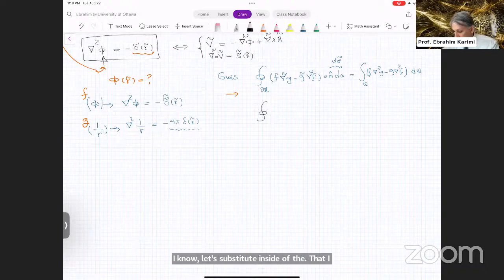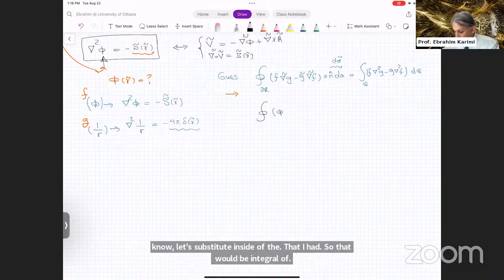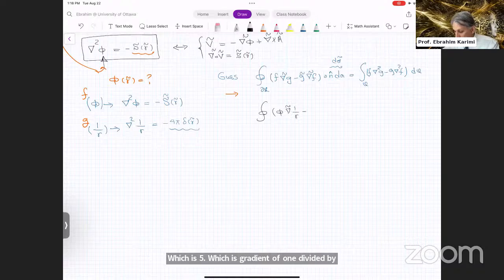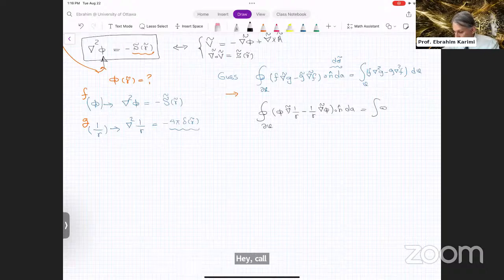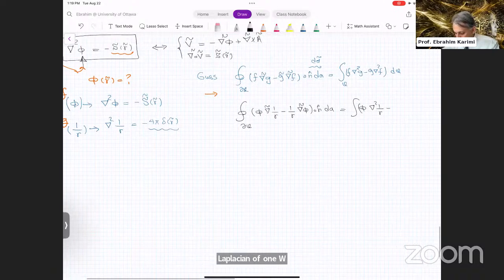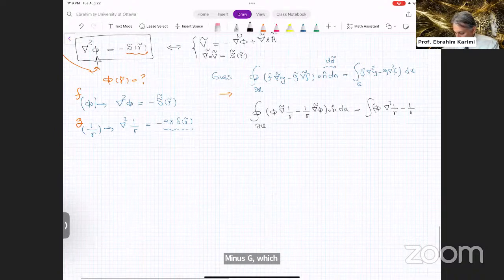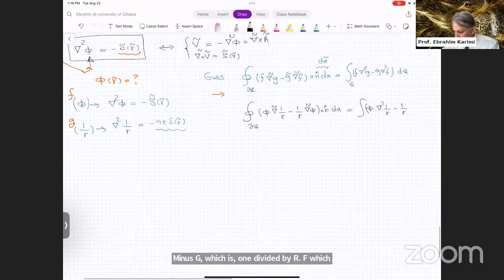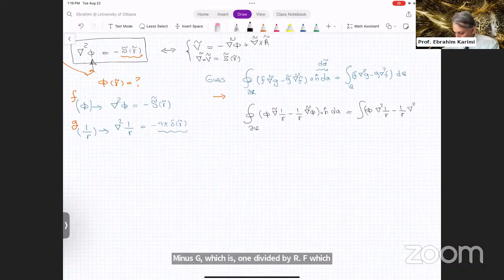So that will be integral of f, which is phi, g, which is gradient of 1 divided by r, minus g, which is 1 divided by r, gradient of f, which is gradient of phi, dot n dA, that is on a surface, equal to integral of f, which is phi, Laplacian of g, which is Laplacian of 1 divided by r, minus g, which is 1 divided by r, f, which is Laplacian of phi, dV.